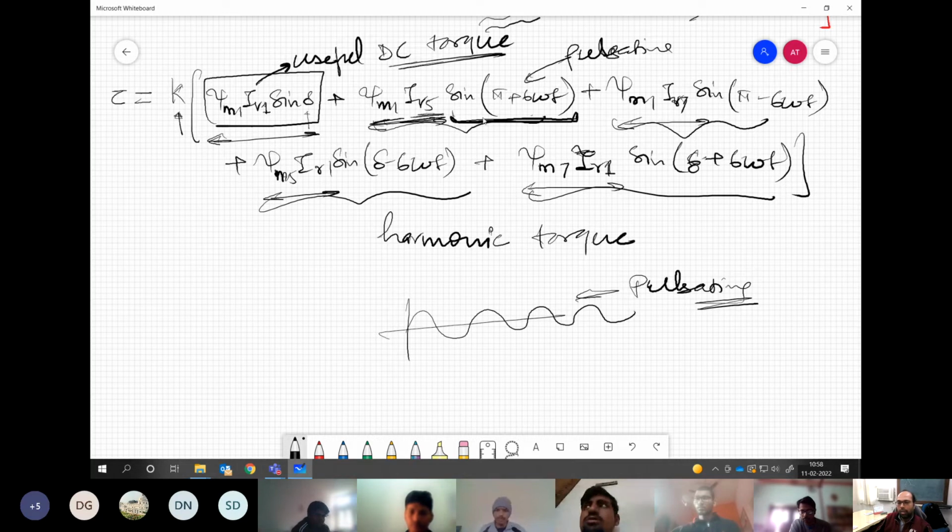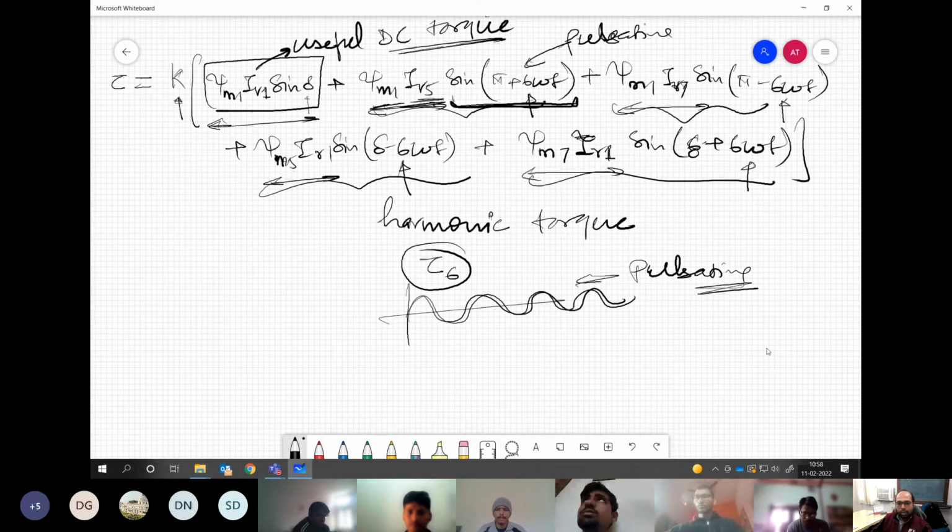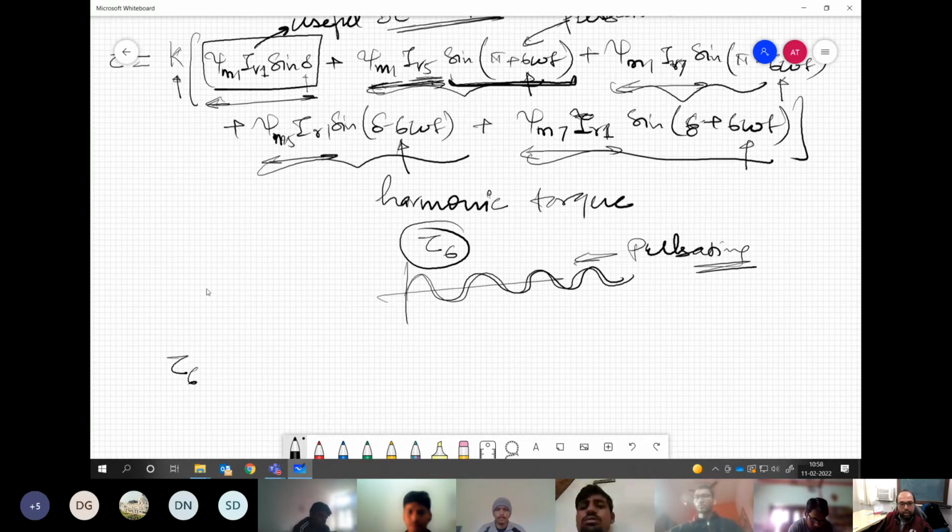We are concerned about these components. Because all these are associated with 6 omega t, we can say that the overall torque is pulsating at the 6th harmonic. So we can call it 6th harmonic torque. Then tau 6, after removing the DC component, I can write as some k times psi m1.